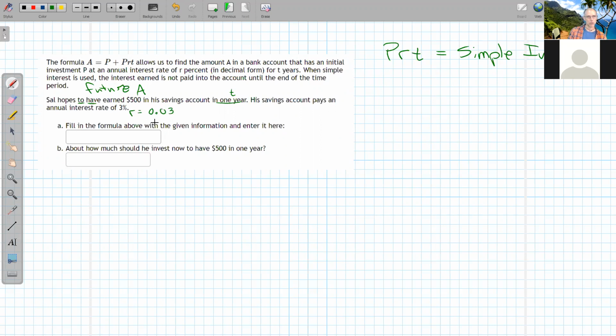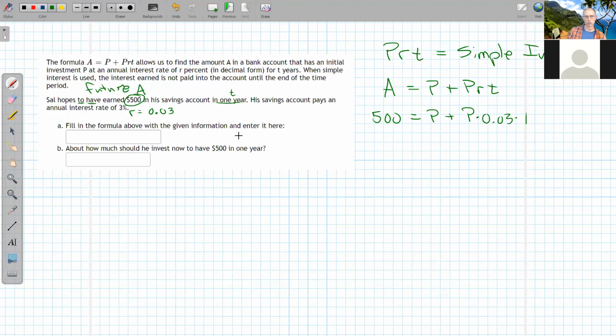And then fill out the formula with this information right here. So my formula, A equals P plus P times RT. It's important I note that the 500 is the A. So 500, I don't know P yet, but I do know R, and I do know T. So I have P times 0.03 times 1.